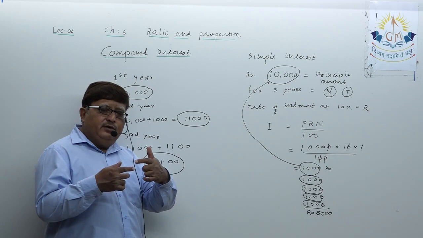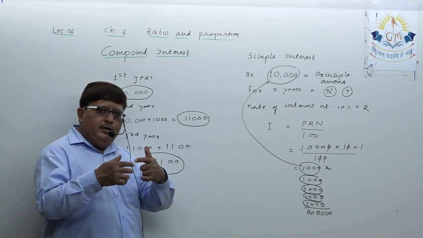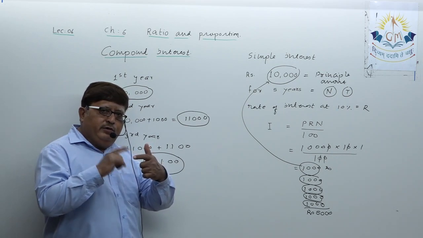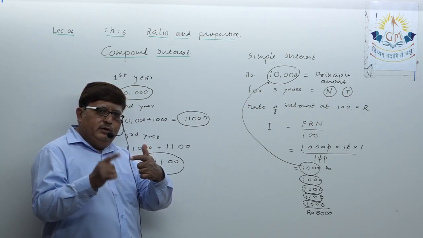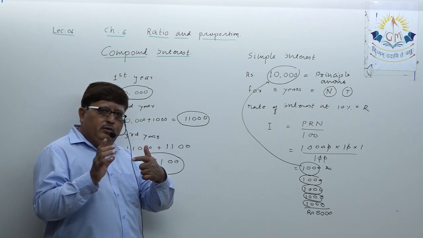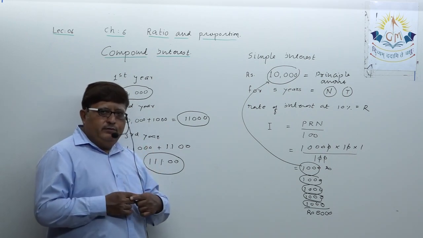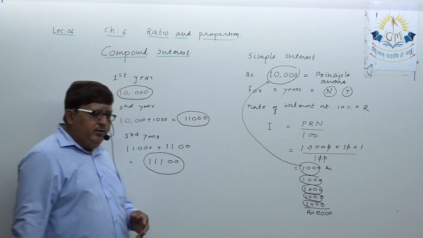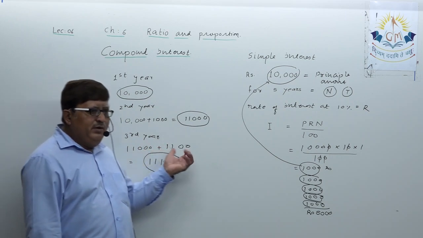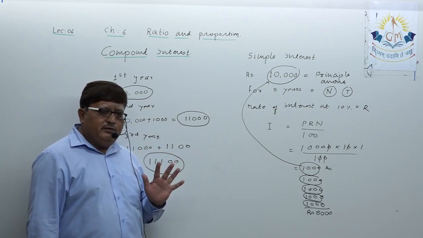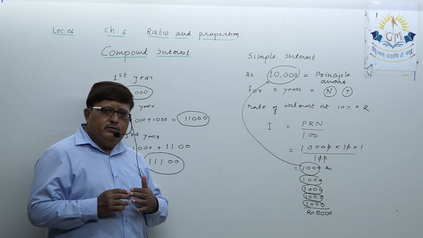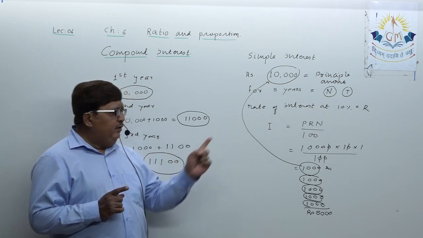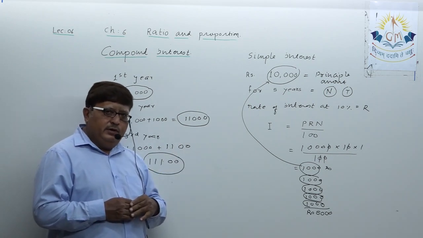I am using the word accumulating because every year, as principal increases, interest also increases. Understand? So make one thing very clear in your mind, that in compound interest you are always going to pay more interest than the simple interest.